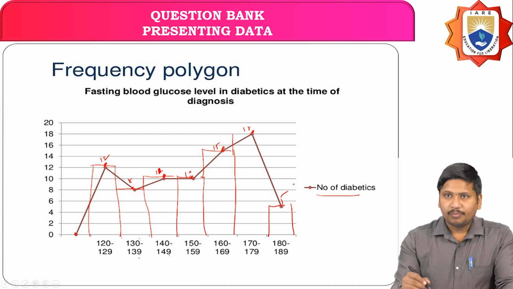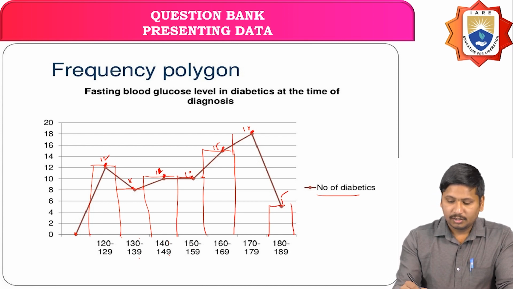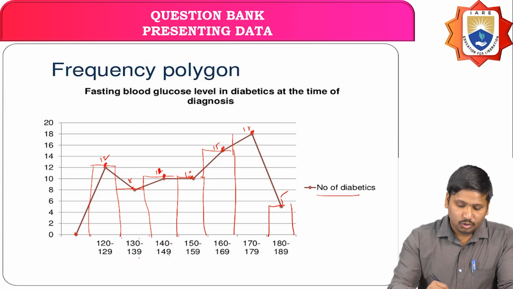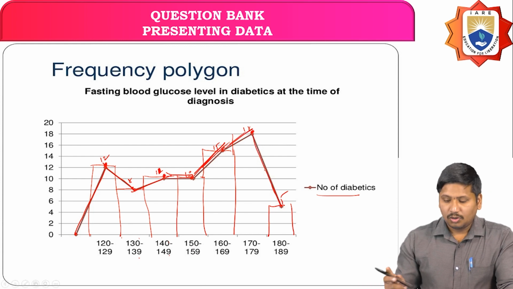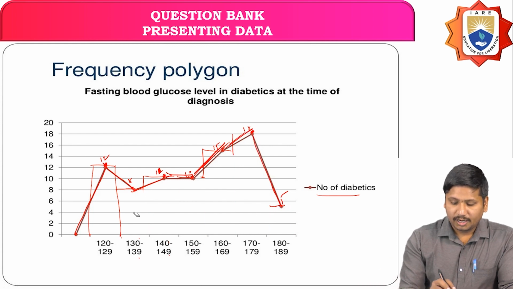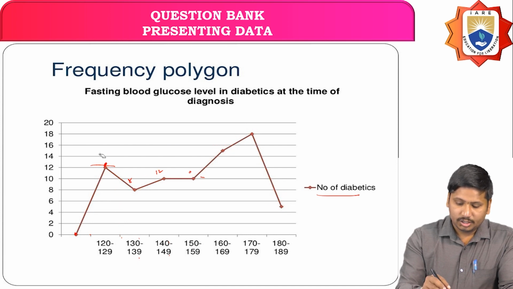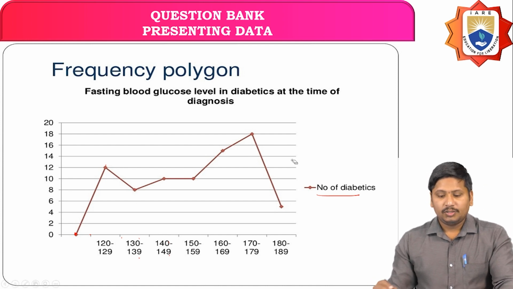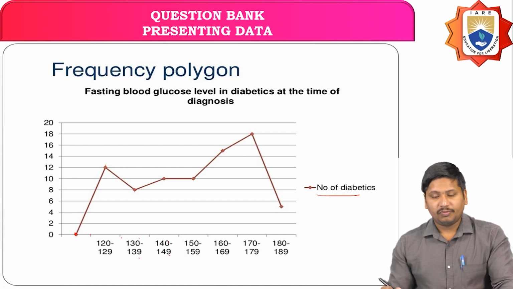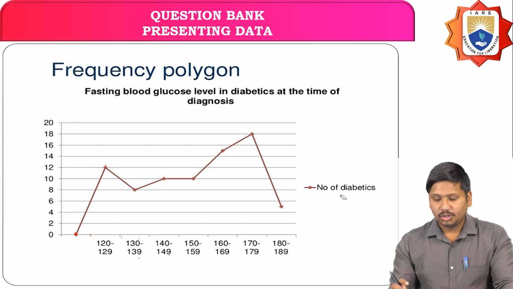So I have to take the center of the rectangles and join all these points. After erasing all the rectangles, the line I created is the frequency polygon. Okay, so like this I have to construct the frequency polygon for that histogram.